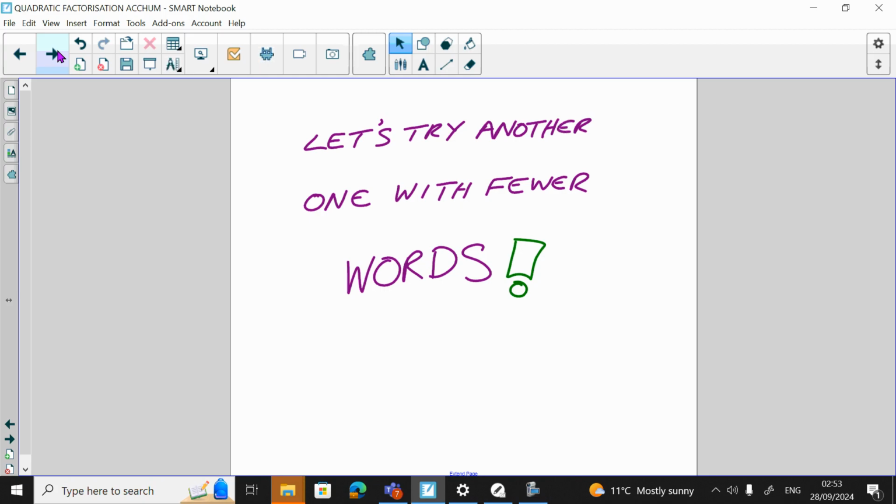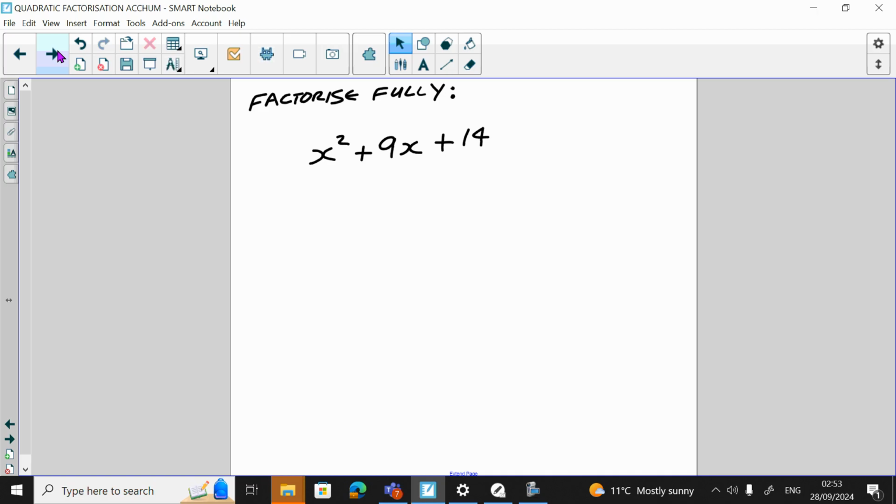Let's see how we go. Can I speed it up? Everything's positive here, so it'll be okay. Right, let's set up the brackets. Get the x's in, because x times x is x squared. Let's look at the constant term at the end, the number without any x's or any letters.